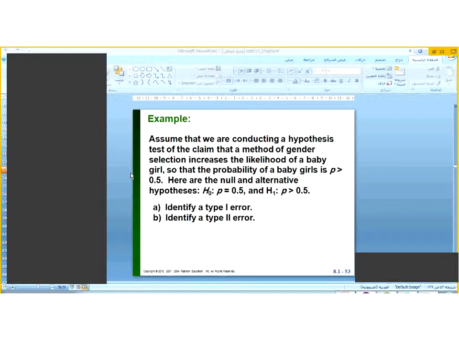True but I reject. برافو يا ليلى. سو ايش الهايبوثيسيس تبعي؟ ايش الاتش نوت تبعي؟ ايوه انه بي يساوي 0.5. فعليا صارت بي تساوي 0.5. اذا is there a difference between the probability of boy or girl or no? Is the method increase the probability of girl?